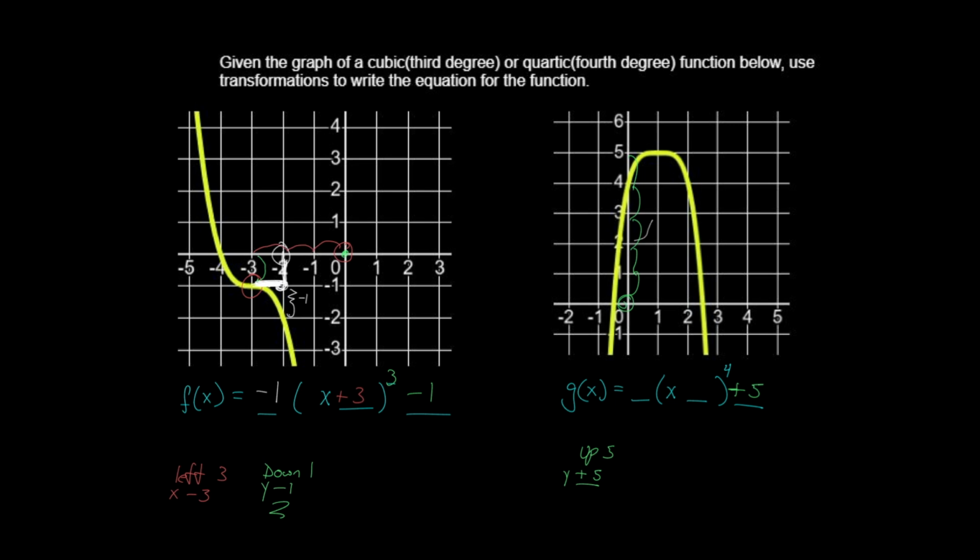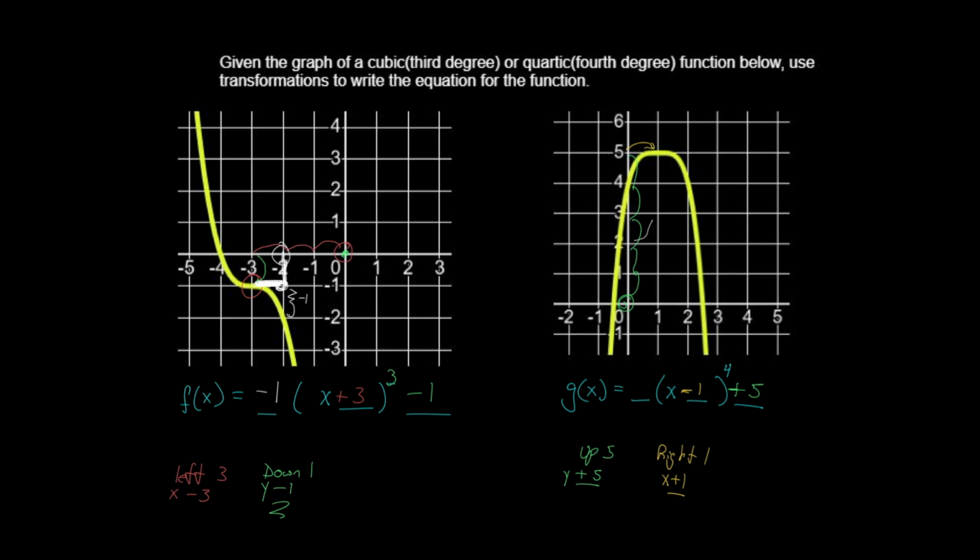Now for the inside stuff, well, translated, we actually have to move it 1 to the right, so right 1, which means we took x values and added 1, but x's are affected by the stuff inside, but in the opposite way. Since what we actually did is add 1, we're going to be subtracting 1 from the x values in the equation.